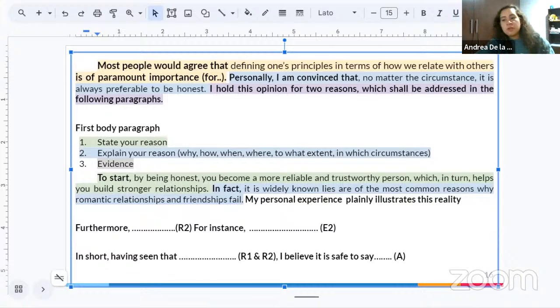So remember what we were saying, right? First thing, we need to give some context. Where this thing happened. So maybe we could talk about a friendship, right? We could say something like, my personal experience plainly illustrates this reality.